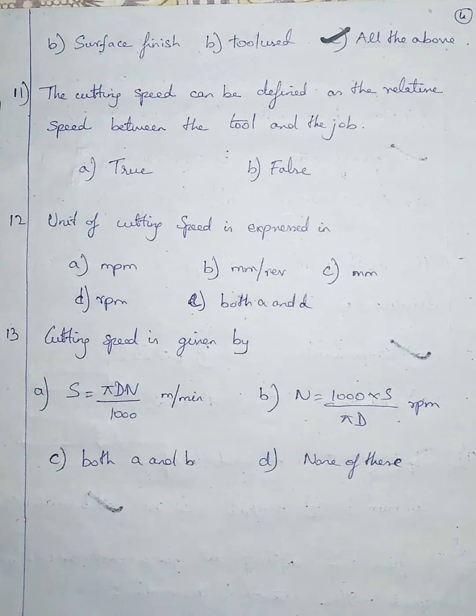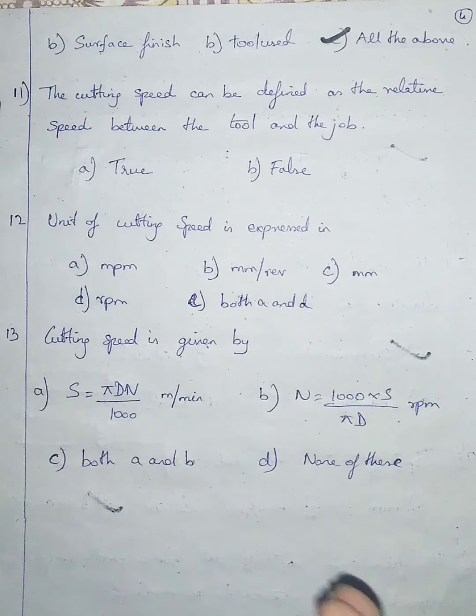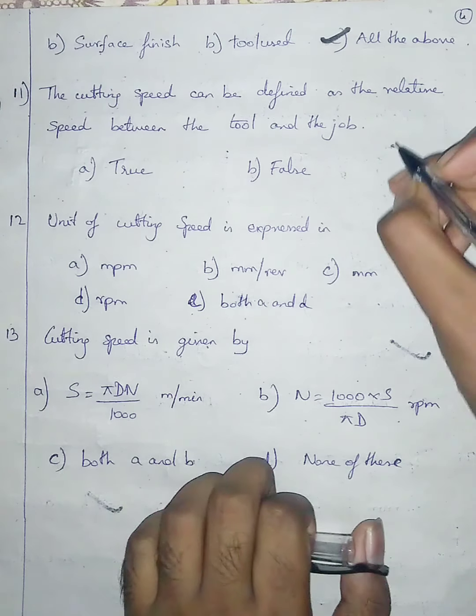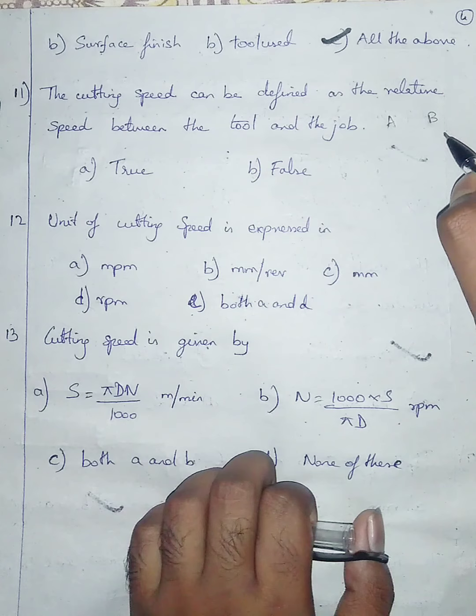Some will be thinking that if both are moving, we can't calculate. But we can calculate it with respect to A. A is the tool and B is the workpiece.